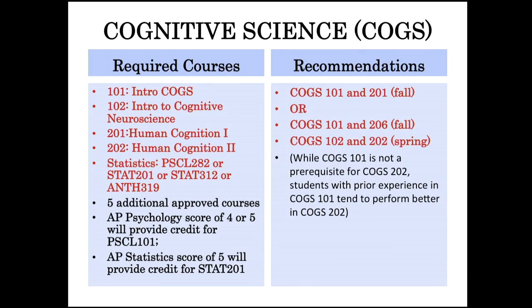While COGS 101 is not a prerequisite for COGS 202, you may want to take COGS 101 first. In addition, you'll see that a statistics course is also required for cognitive science, as it is for most of the social science majors. And you would take an additional 5 approved courses that you would decide on with your major advisor once you declare the major in cognitive science.